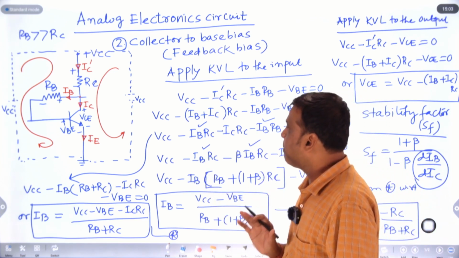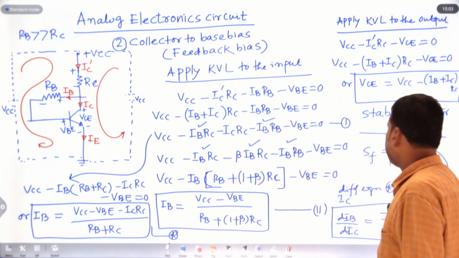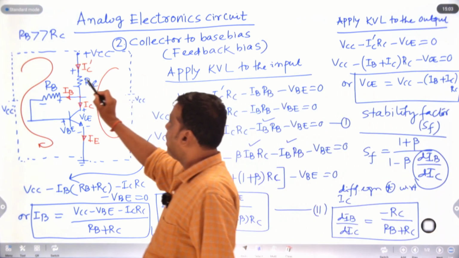There are certain parameters on how to choose the values of RB and RC. But the factor is RC by RB plus RC.